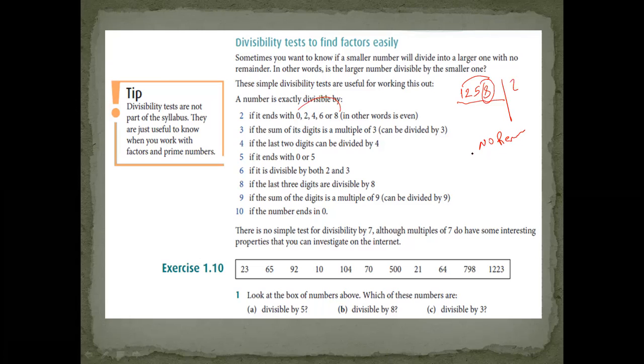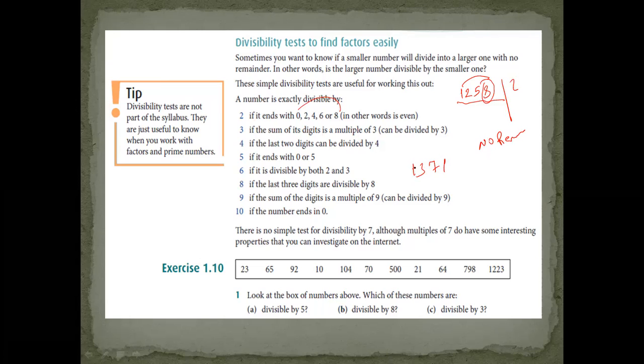And the next number is 3. If it's divisible by 3 without remainder, the sum of its digits is a multiple of 3. For example, 1,371 is also a big number.